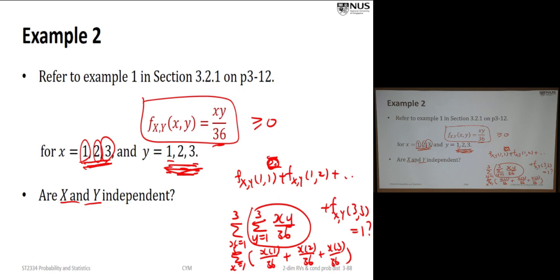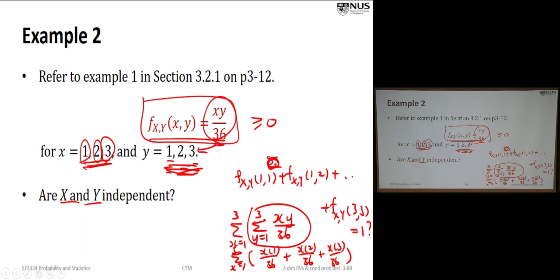We have the general form, x times y over 36, and you just change the y value: y equal 1, you have one term, y equal 2, another term, y equal 3, the third term. Do we have y equal 4? No. Why not? Because what we are given is that the joint PDF takes this form only when y takes value 1, 2, and 3. So no y equal 4 in this case.